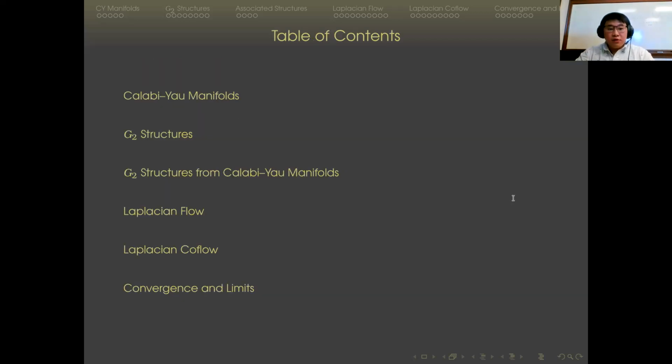So an overview for how this talk will go. We'll quickly get what we need from the machinery of Calabi-Yau manifolds, and then we'll introduce the group G2, talk a bit about G2 structures, and then describe how we can obtain G2 structures from Calabi-Yau manifolds. What we're doing is a pretty trivial case by just considering crossing in some tori, but there are more generalizations of this that can be looked at.